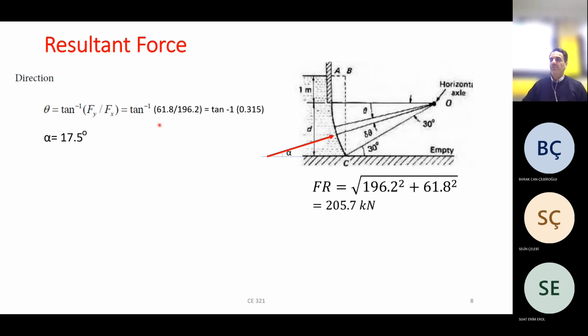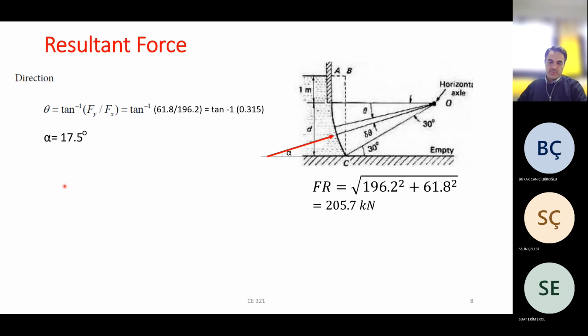If you put those values in, you calculate arctangent of 0.30, which equals 17.5 degrees. This is the entire process of calculating force acting on a curved surface.